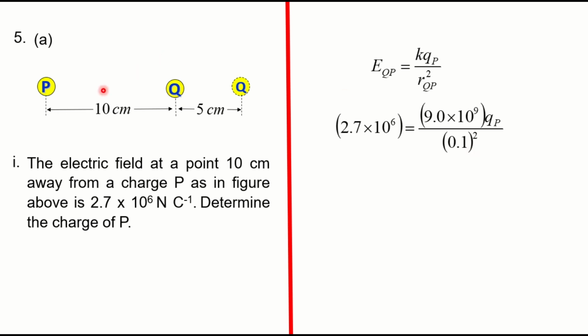The distance between them is 10 cm, so we change it to meters, 0.1 squared. So we get charge P equals 3.0 times 10 to the power of negative 6 coulomb. Very straightforward. They gave us the electric field strength and want us to calculate charge P, so we just use the formula given.